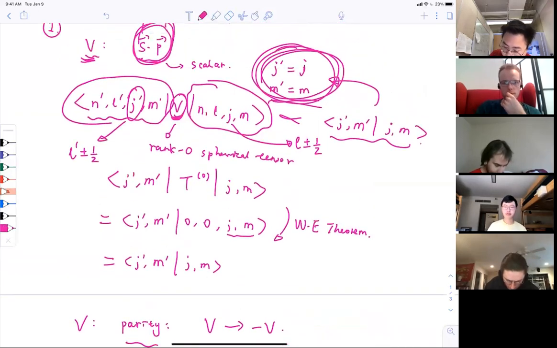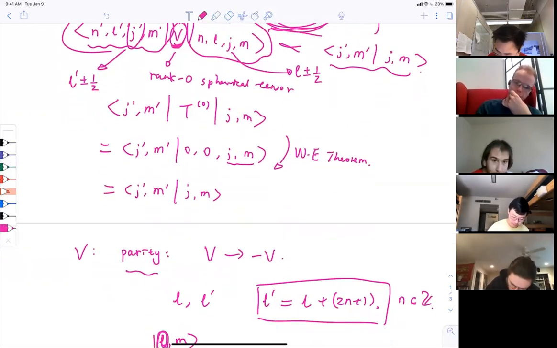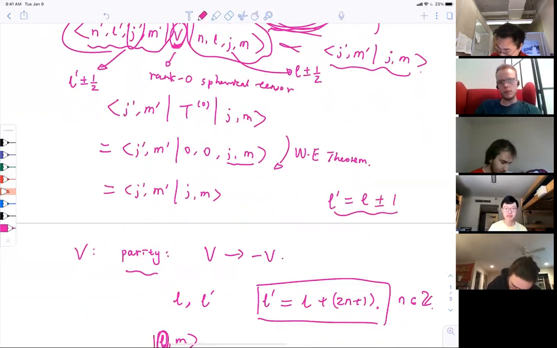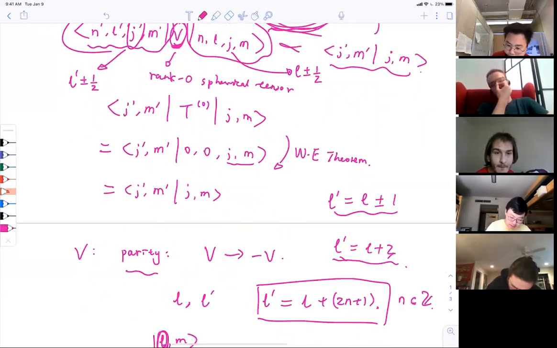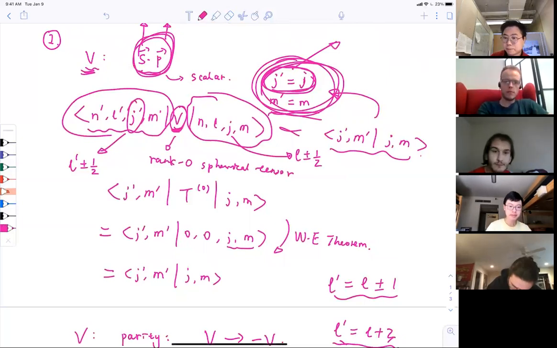And remember there's another constraint, J prime equal to J. This tells us your L prime must equal L plus or minus 1, because if L prime equals L plus 2 or 3, for example, then this constraint cannot be satisfied.